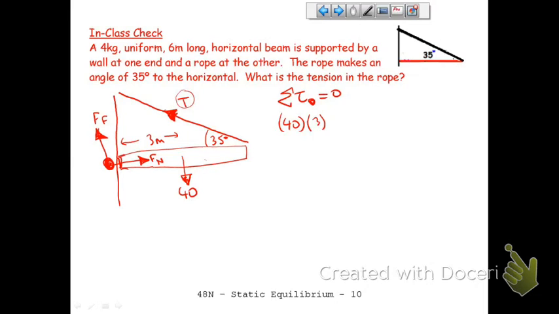Put your finger on the turning axis, and rub your finger along where that 40 is, and ask yourself, which way will the page go? The page will go clockwise. People have trouble with that. It sounds trivial, but people make mistakes on that. So that's clockwise, and so that is negative.